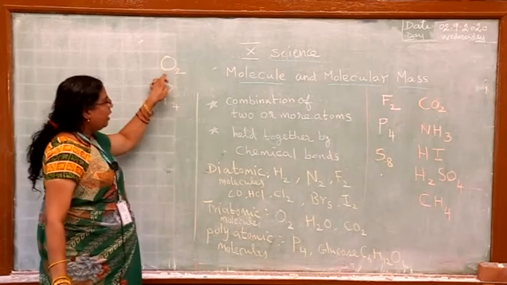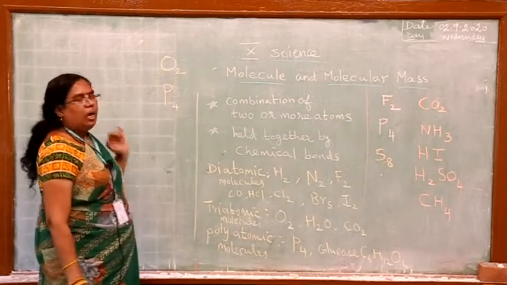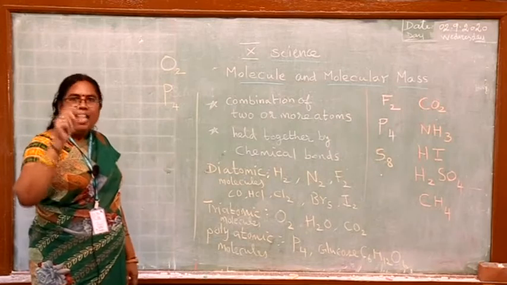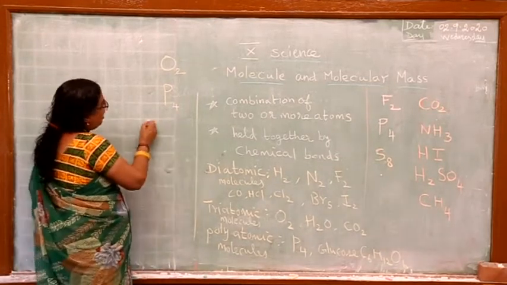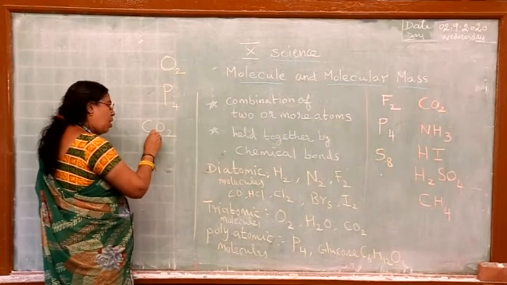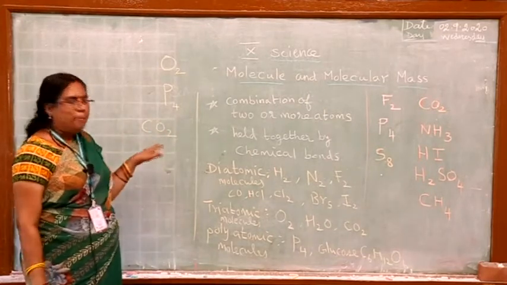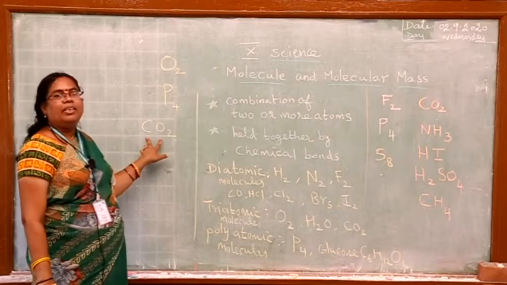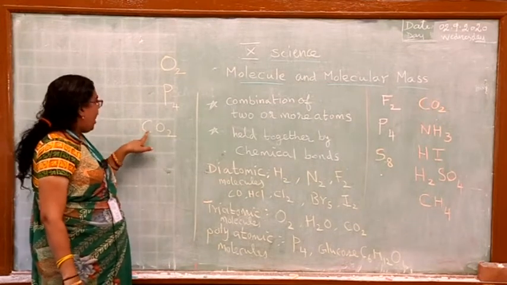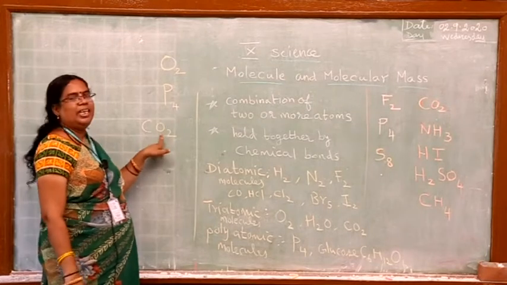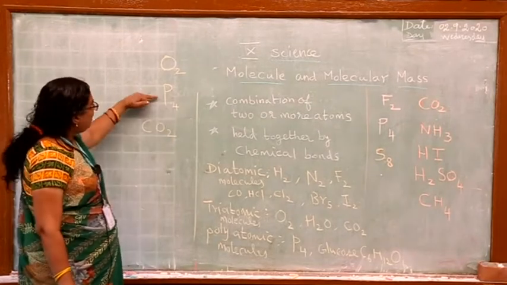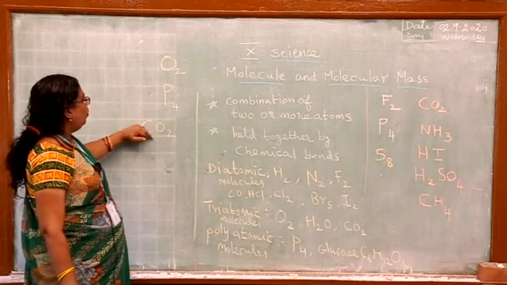So here it is a molecule, and at the same time it contains similar atoms. Take carbon dioxide, it is also a molecule, but it contains 1 atom of carbon and 2 atoms of oxygen. So we can see the difference between these two.